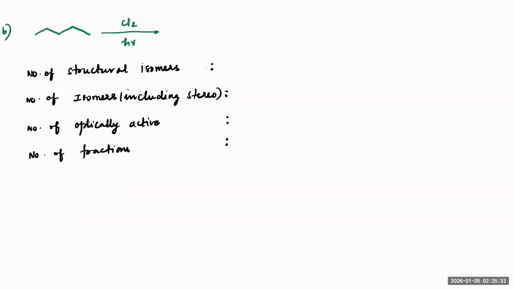Check if you may have got these cases. So first, I'm putting few skeletons here. I don't think you require more than 3 skeletons. Then one chlorine here, one chlorine here, and one chlorine here. These are the three cases we can have. Here there is one chiral center.